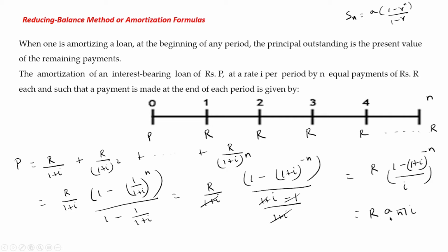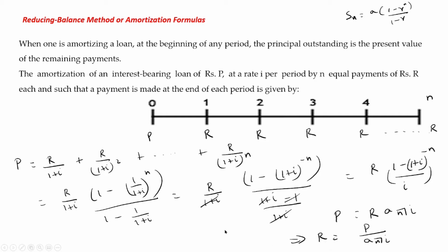So we have got a relation between the outstanding principal amount and the EMI. So from this we can find EMI as R is equal to P upon a angle n at rate i per period. So this is how we can find EMI.